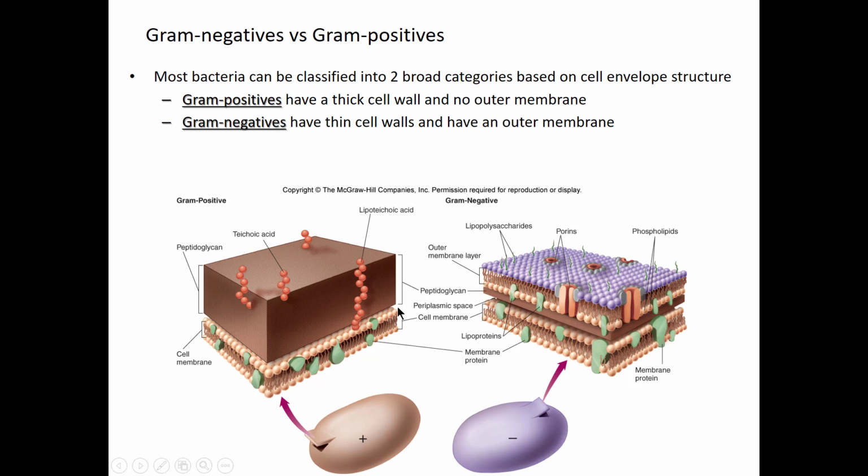As we'll talk about a little bit more in later classes, there are implications for how these cell walls and the structure, how they all come together. This is discussed in the textbook review as well. But these structures do have implications for the way that they interact with the body and some of the ways that we treat them with medications and things like that. So that'll come up in the textbook review.